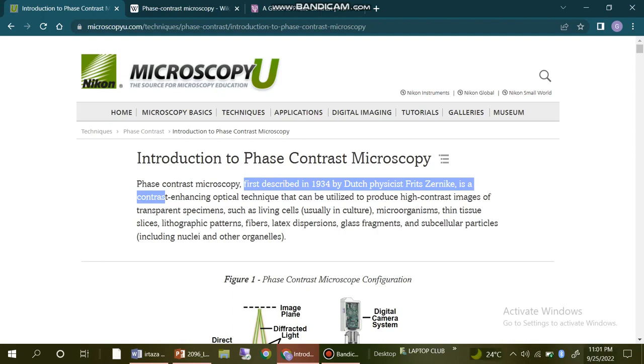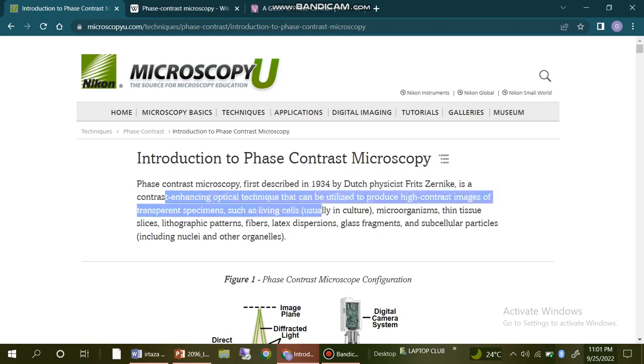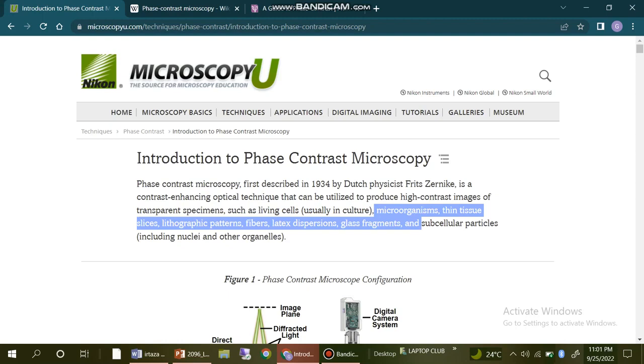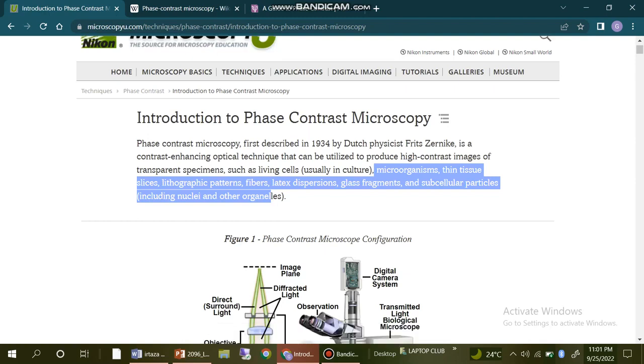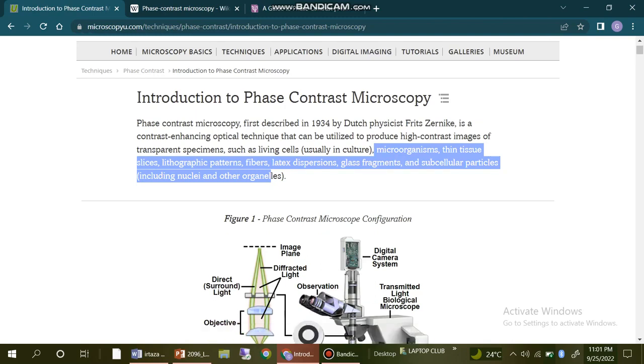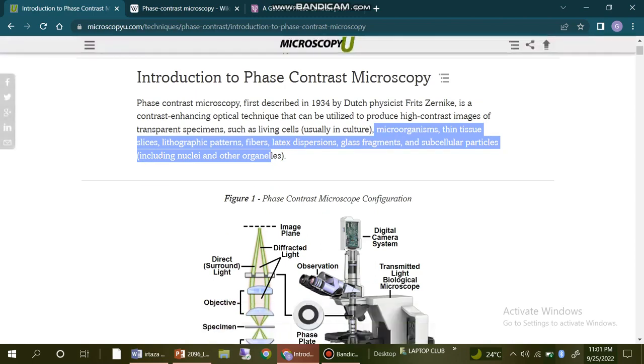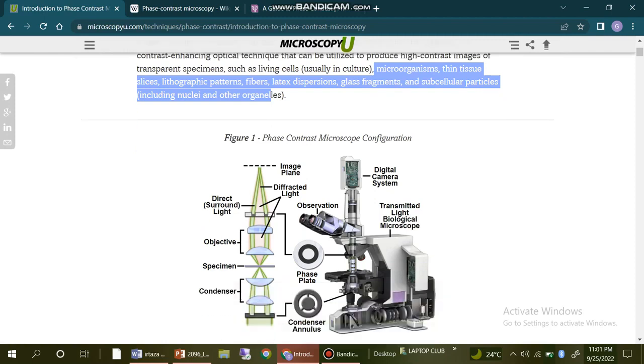It is a contrast enhancing optical technique that can be utilized to produce high contrast images of transparent specimens such as living cells, microorganisms, thin tissue slices, lithographic patterns, fibers, latex dispersions, glass fragments, and subcellular particles including nuclei and other organelles.